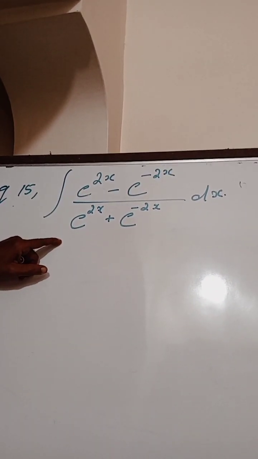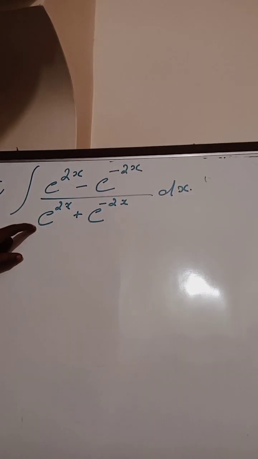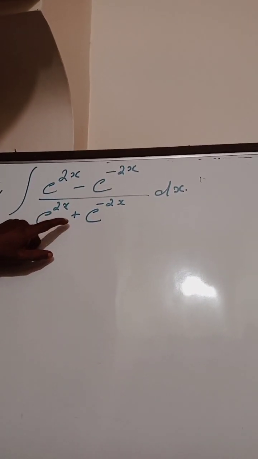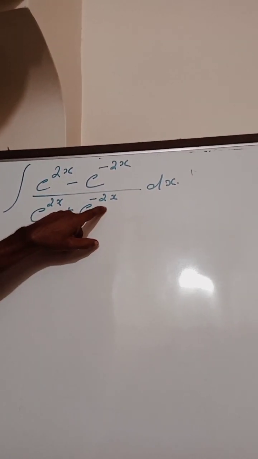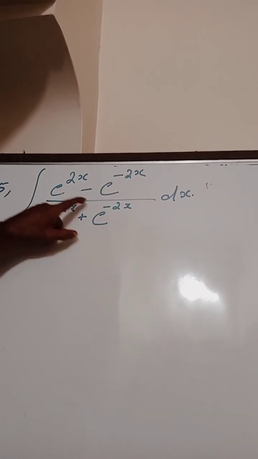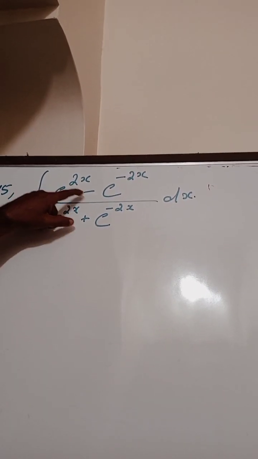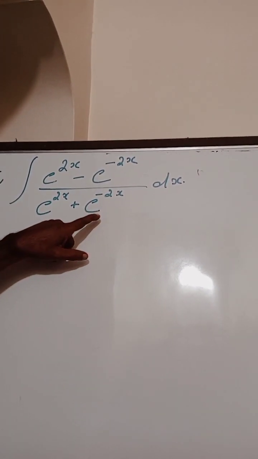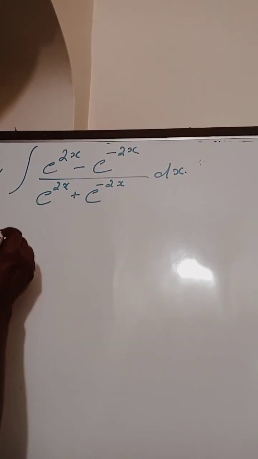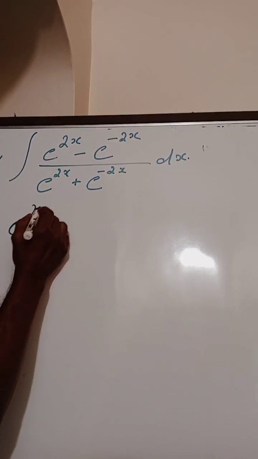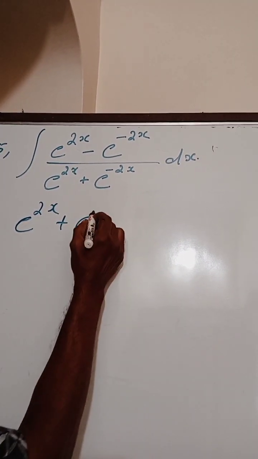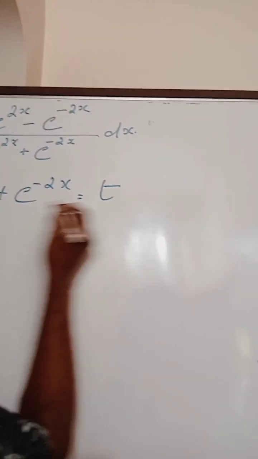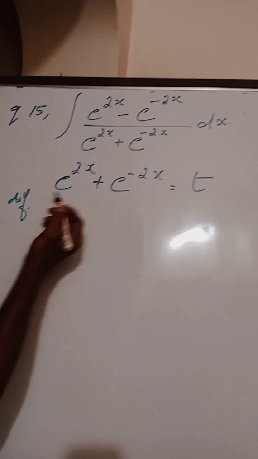While going through this question, we can see that the differentiation of e raised to 2x plus e raised to minus 2x is equal to e raised to 2x minus e raised to minus 2x. So we can substitute e raised to 2x plus e raised to minus 2x is equal to t.